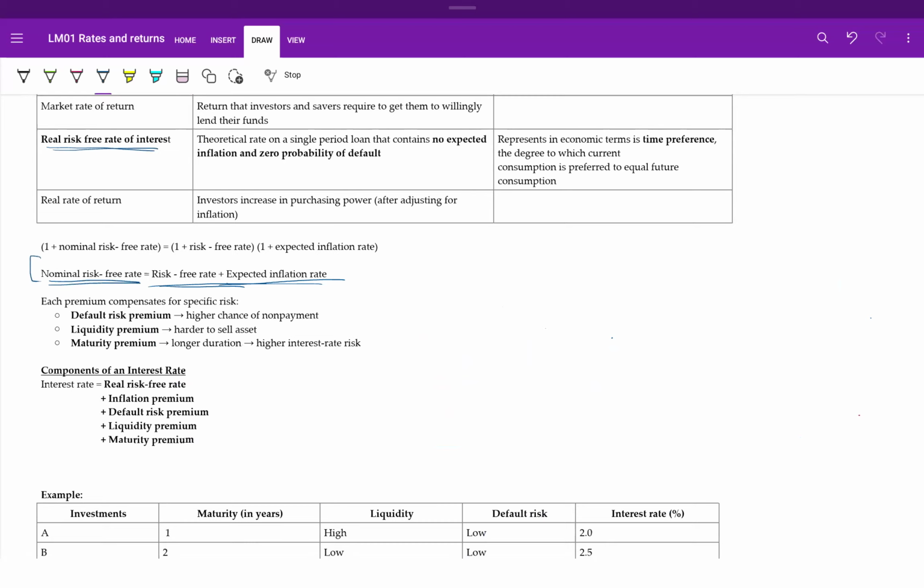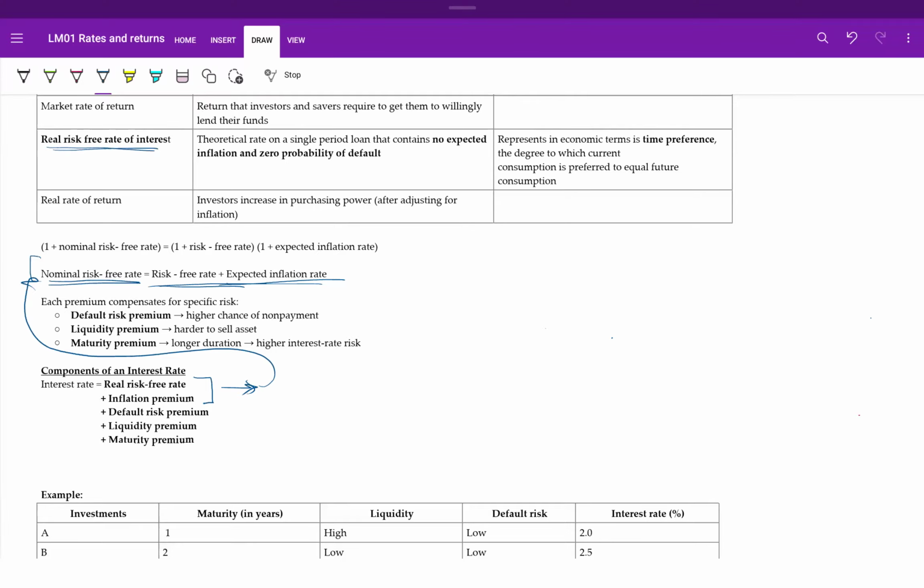Something you need to pay attention to. These two components of the interest rate make the nominal risk-free rate. And if you encounter any question where they have given you the nominal risk-free rate, carefully understand that they have factored the inflation premium into that interest rate.